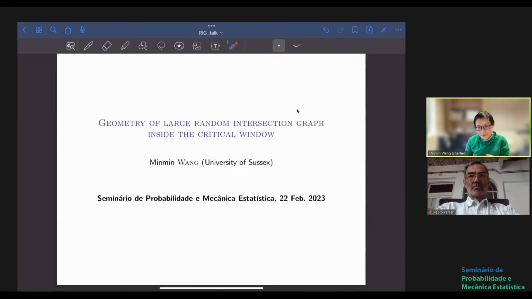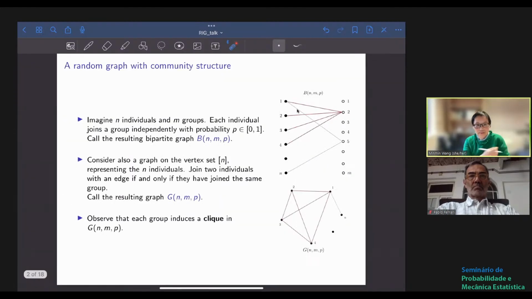But then at some point, people started asking, what can you do with random graphs with dependent edge probabilities? One situation where such a question can arise is if you want to have some sort of community structure inside your graph.